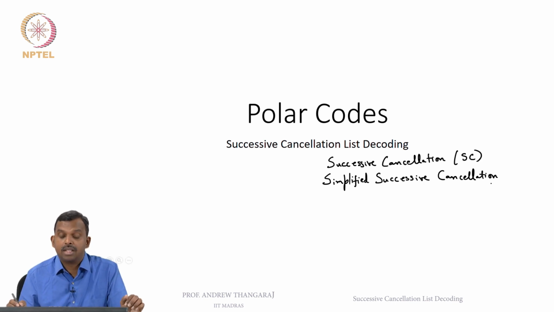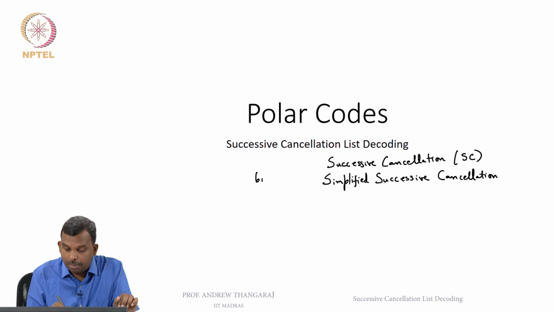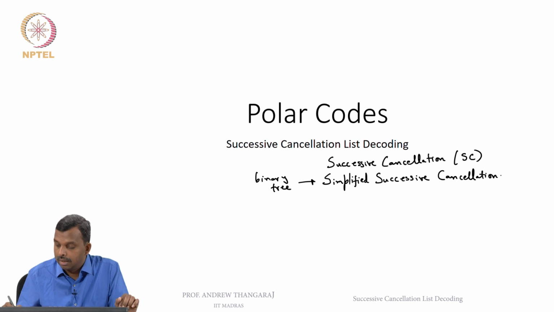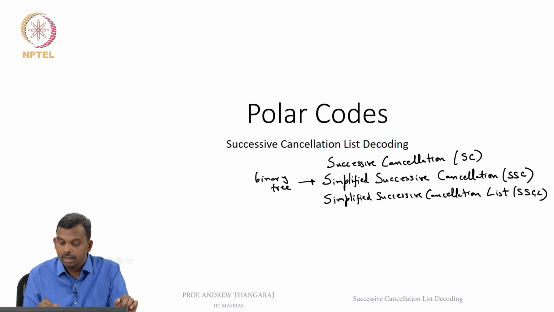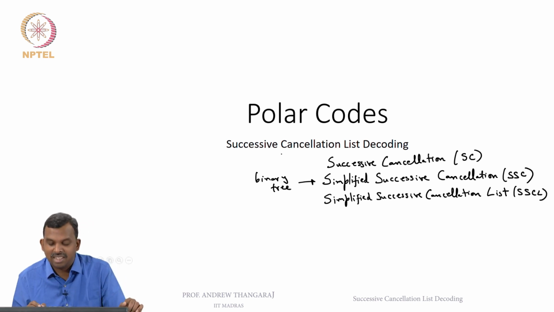Simplified successive cancellation is the one that we described with the binary tree. That is called SSC, and today we will see the simplified successive cancellation list decoding, which is SSCL. I am simply calling it successive cancellation list decoding.